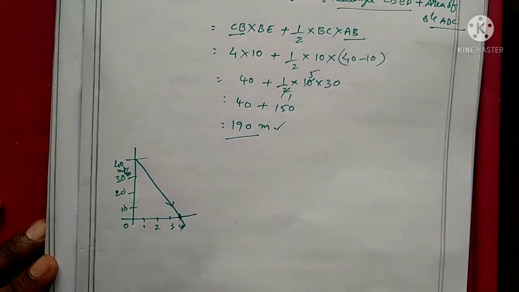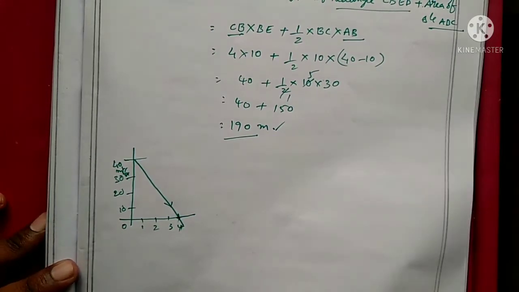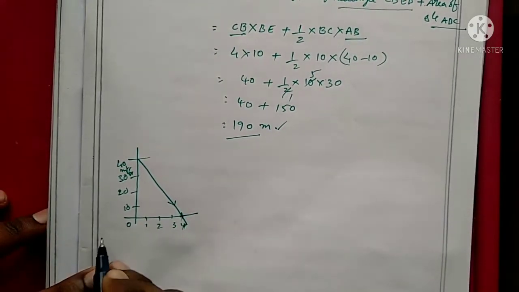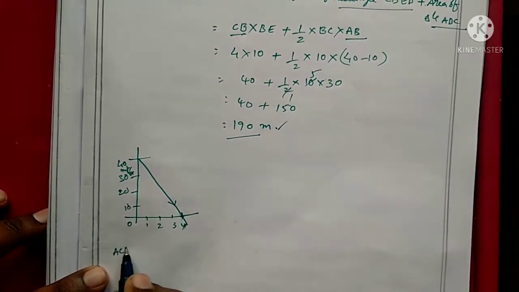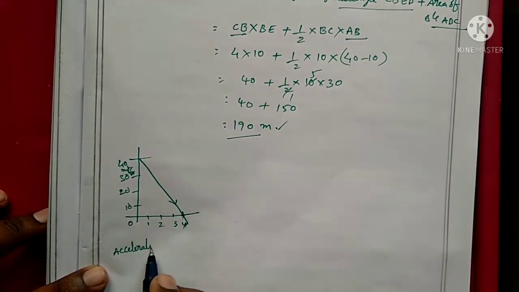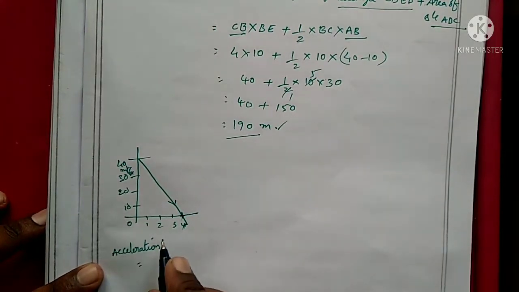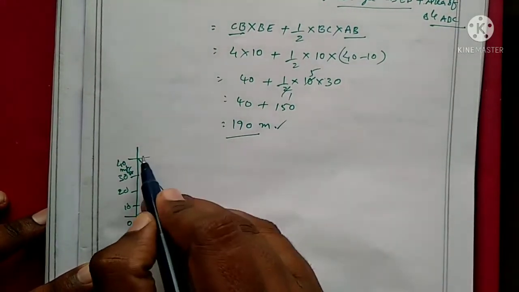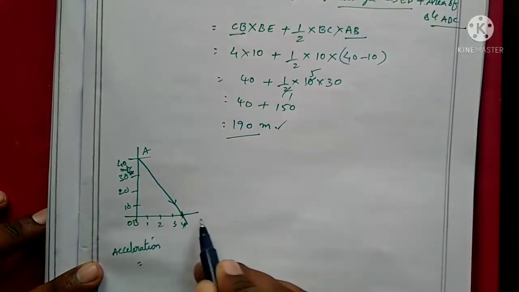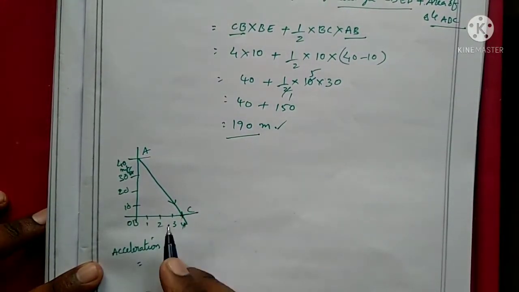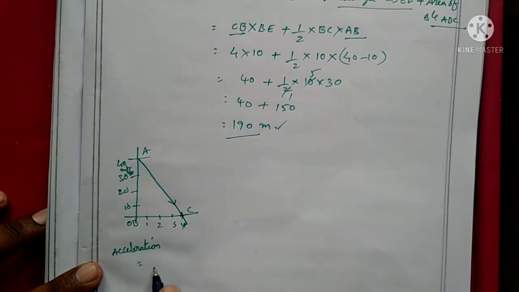Negative slope is there. So under the slope, to calculate the acceleration, for example, is it negative or not? Acceleration is the slope of the graph line. So A, now this is B and this is C. Acceleration: triangle ABC, AB by BC.